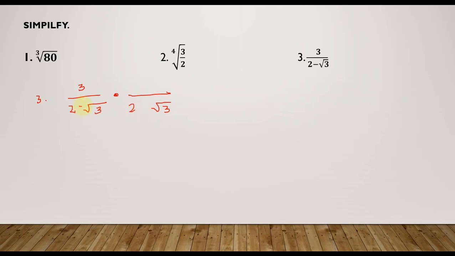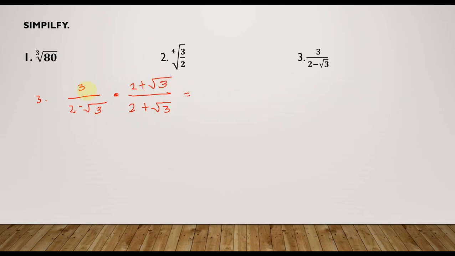If I have negative, I'm going to use positive, or vice versa. And of course, if your denominator is 2 plus square root of 3, that should also be your numerator: 2 plus square root of 3.